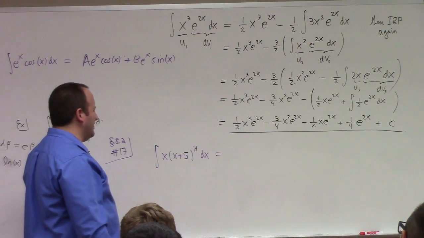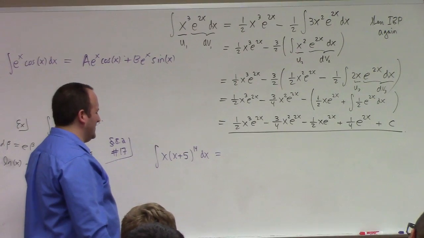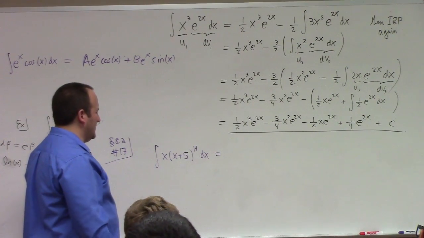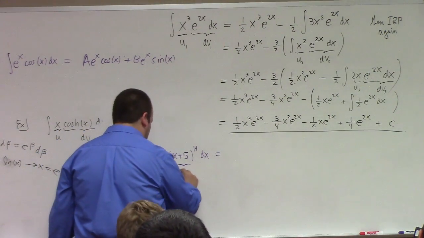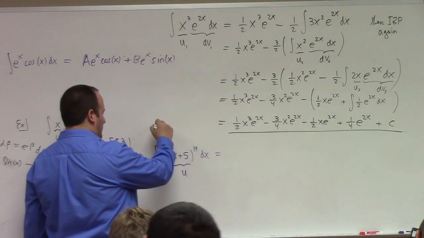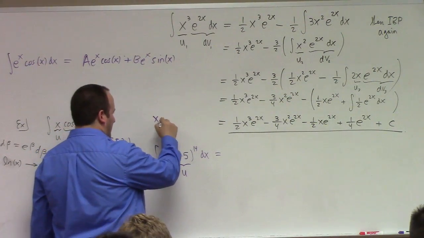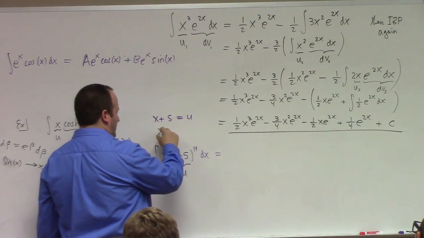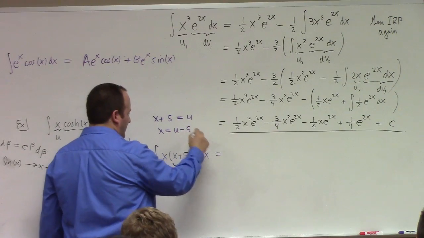I don't know if you really need integration by parts for this. Can't you just do u substitution? I'm going to do u substitution. Let x plus 5 equal u. So that means x is equal to u minus 5.